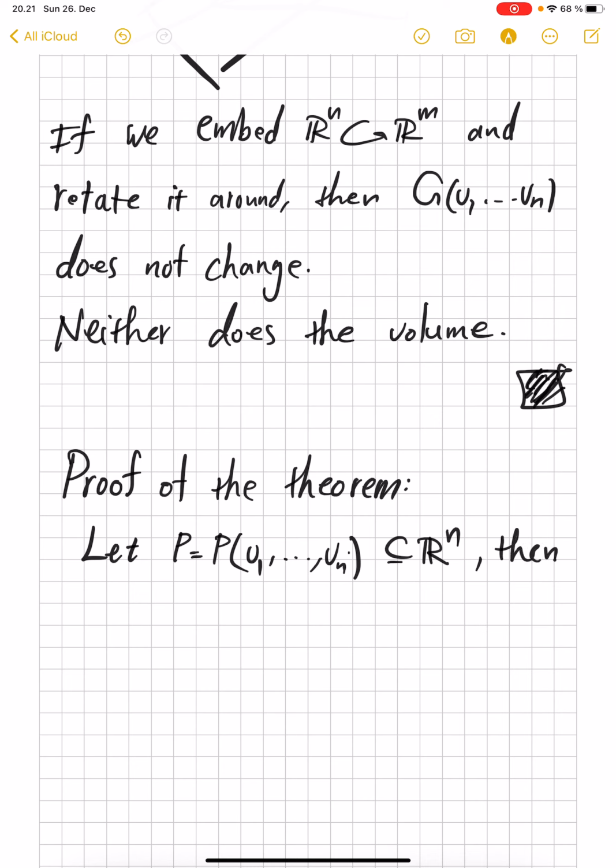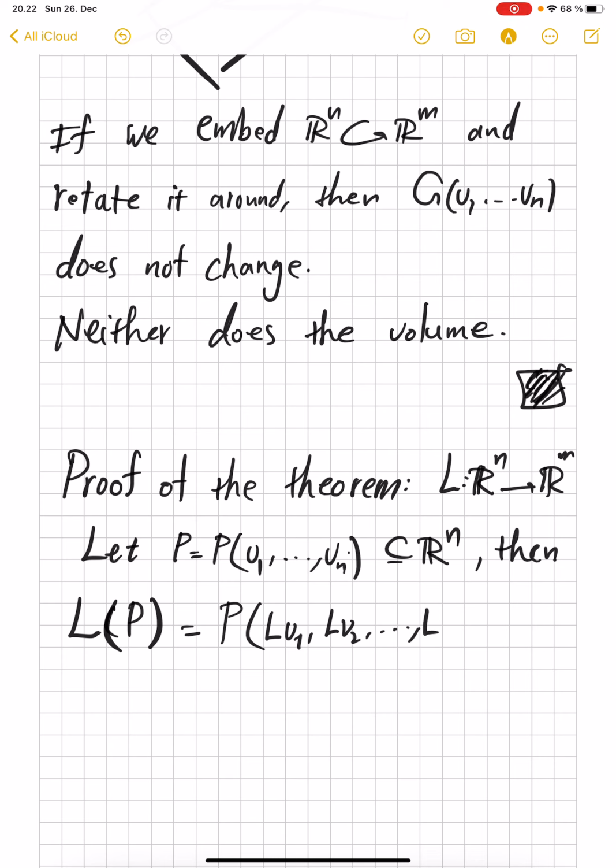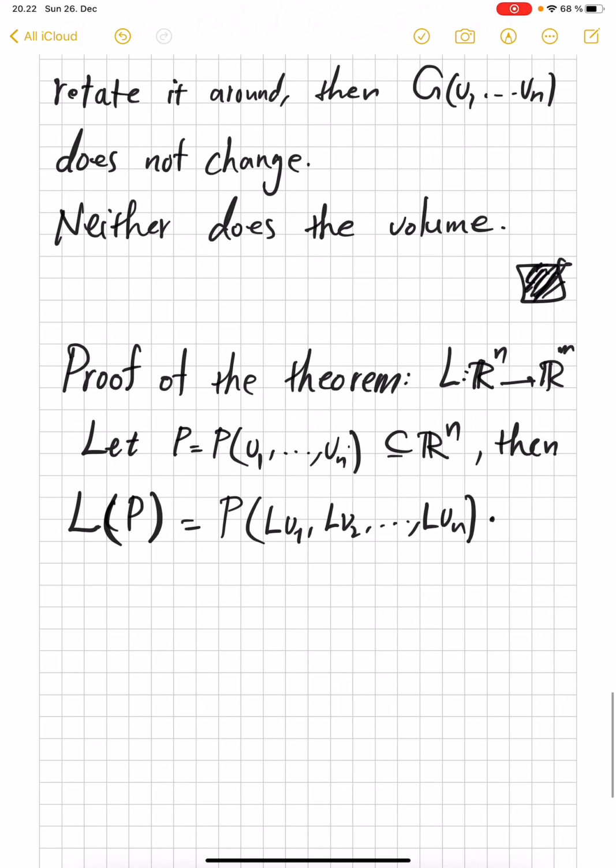Then L of P, the image of this parallelepiped under the linear map, remember we have a linear map going from Rn into Rm, is a parallelepiped determined by L of v1, L of v2, up to L of vn. Okay, so your parallelepiped by a linear map gets mapped to another parallelepiped, and each side vi maps to L vi, so this follows.